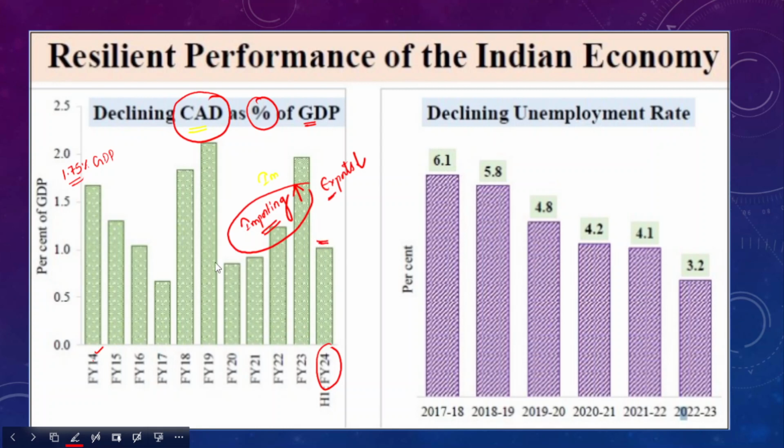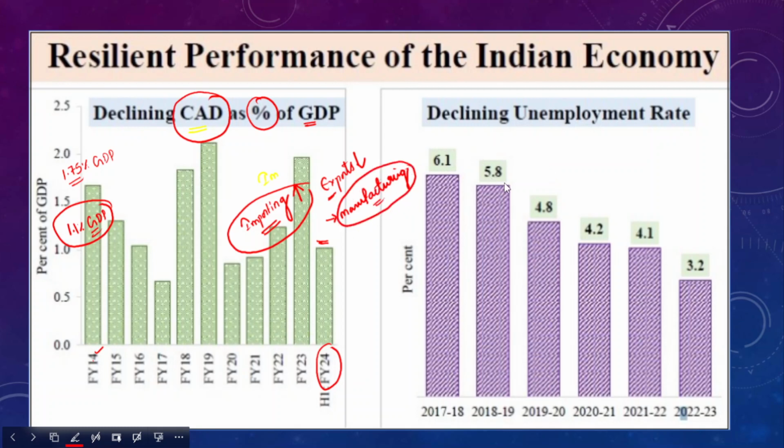Okay, so now we have reached 1.1 percent of GDP. So this indicates that India's manufacturing has been picking up, and India has also started exporting. India's exports have been significantly increasing.